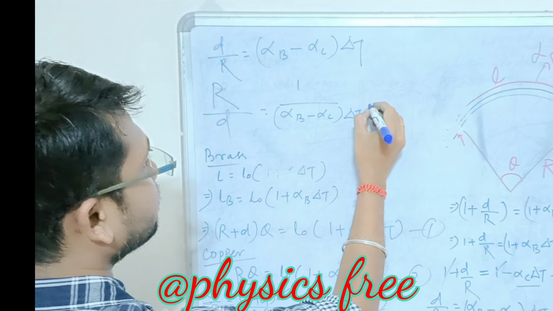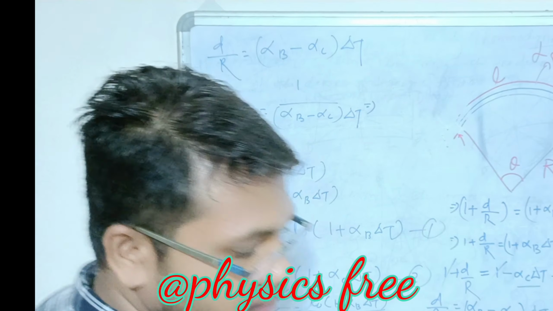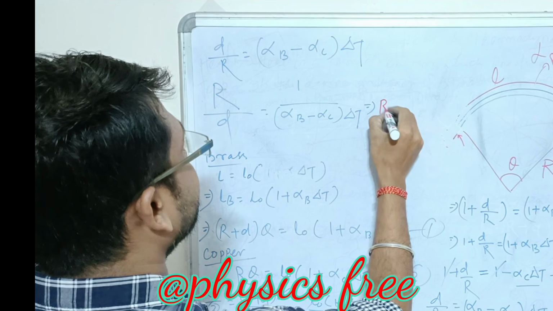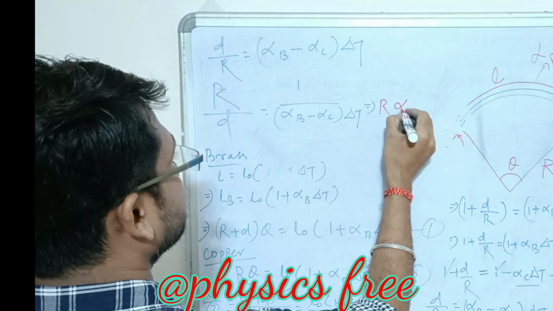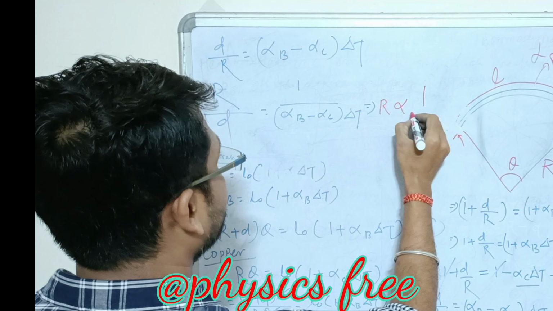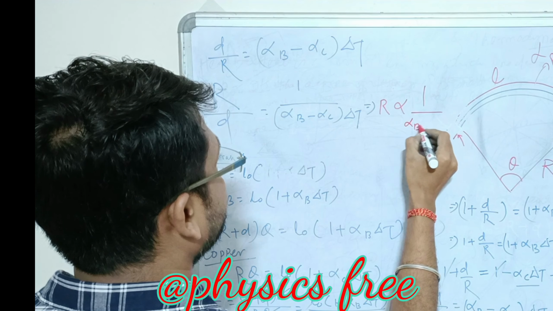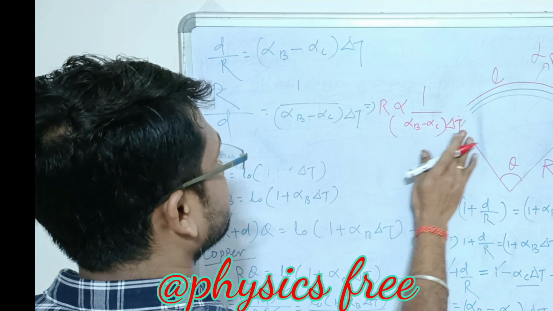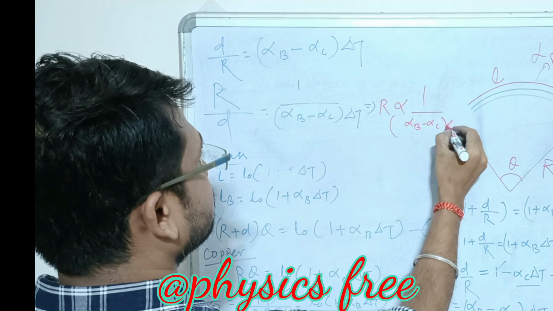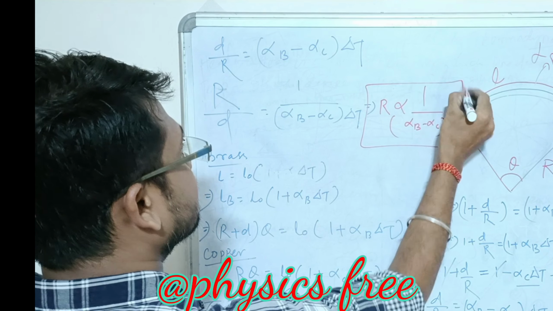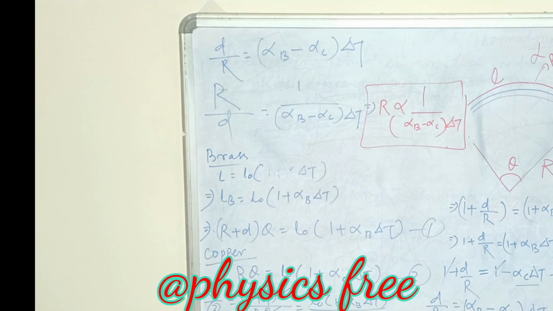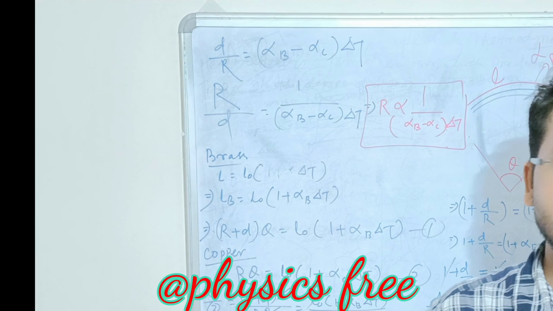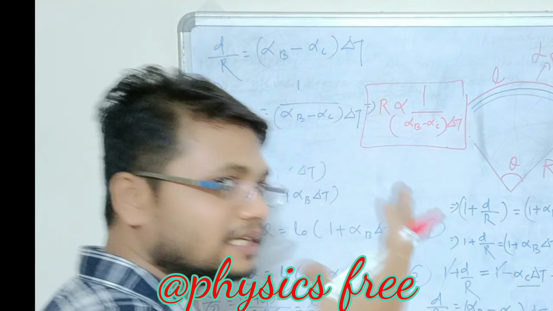That means you can also write it as r, the radius, proportional to 1 by alpha B minus alpha C into delta T. This is one of the exam questions: the radius of curvature of a bimetallic strip depends upon, and there are 4 options.